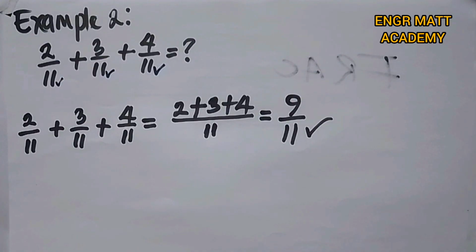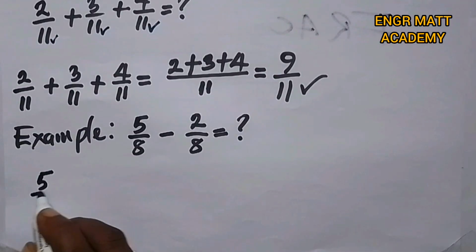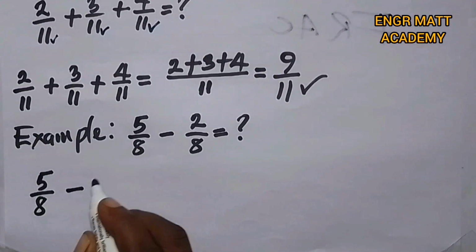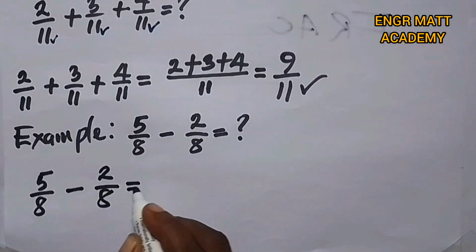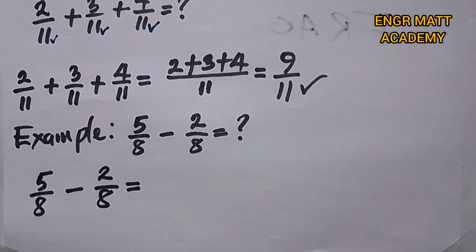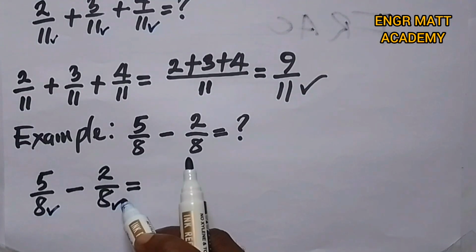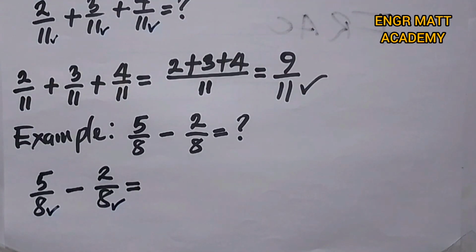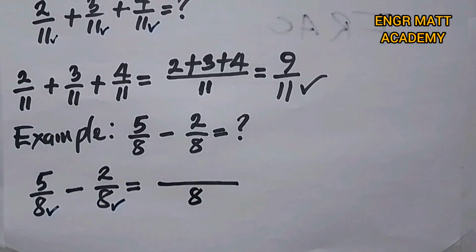Now let's look at an example that involves subtraction. Okay, 5 over 8 minus 2 over 8. How do we go? Remember, the denominators are the same. So what do we do? We stick to the denominator, 8.